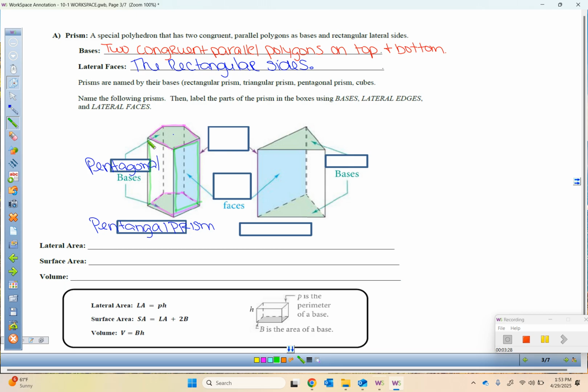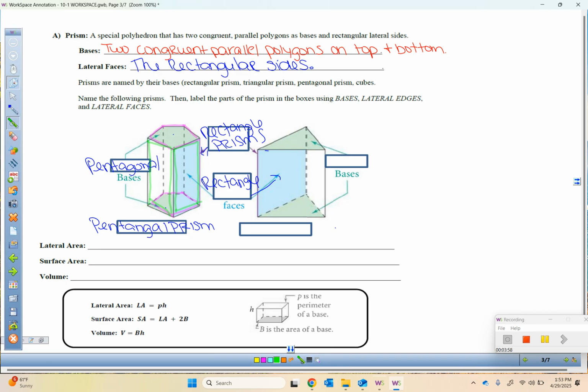Rectangles, rectangles. Okay? So those are my faces, and these are rectangular faces. And so then it's pointed at both sides. So these are rectangle faces. But as a whole, this whole prism is named after the base, the pentagonal prism.